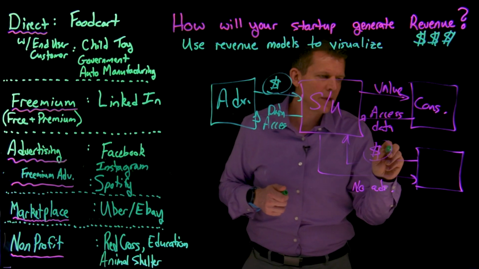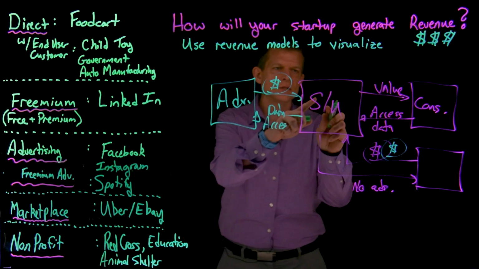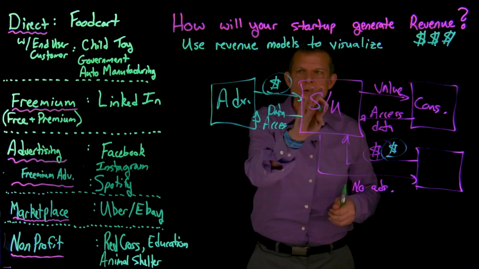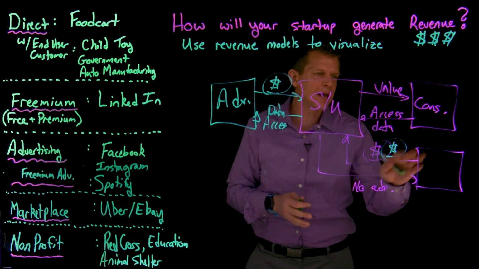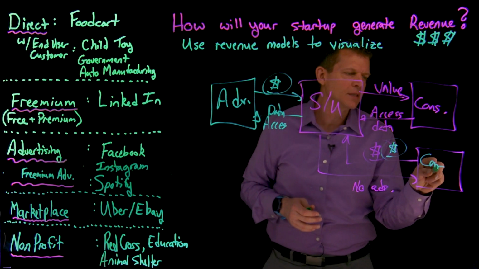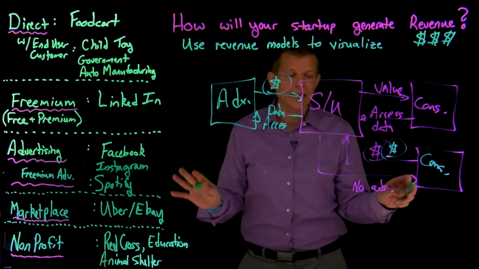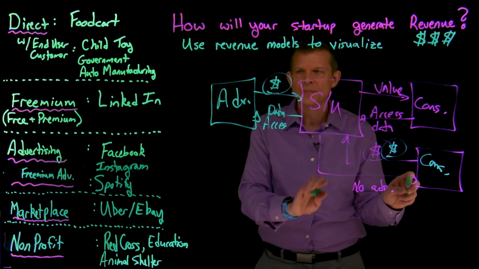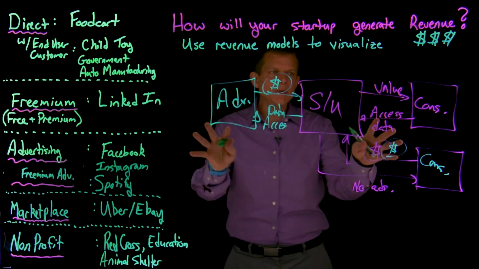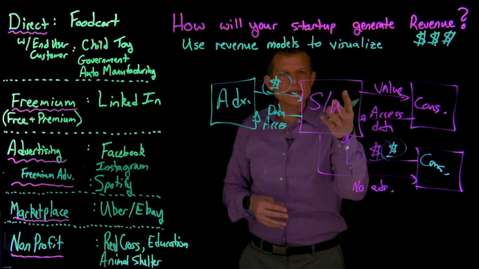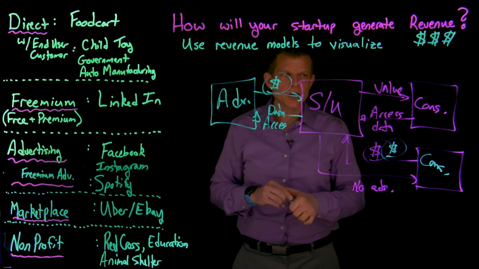So notice we have two payment channels now into our startup, two revenue streams, advertising and this consumer that wants to pay a premium so that they could do a bunch of things and not look at ads as well. So this is our freemium advertising model. Might be something you consider within your startup as well.